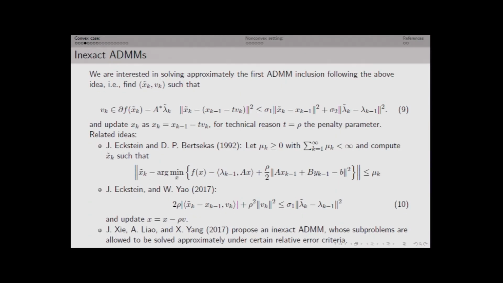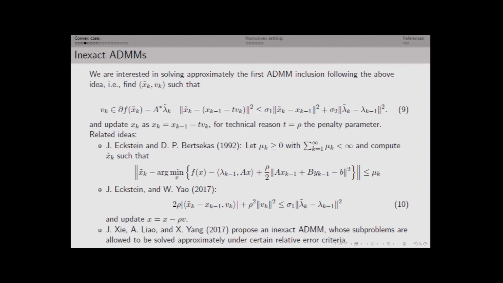If you try to see how the method looks in this setting, you come up with these 9 equations, inclusions and inequalities. You need to find the next x tilde and v such that v is in this inclusion. If v is 0, it is exactly the first inclusion of ADMM, but in this case it's a relaxed inclusion.